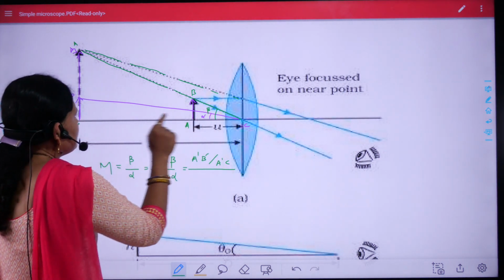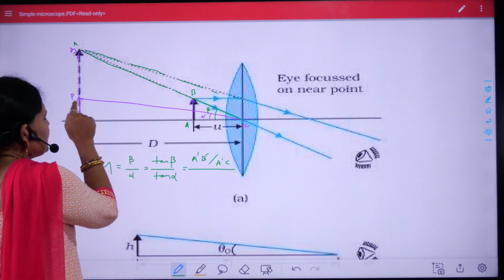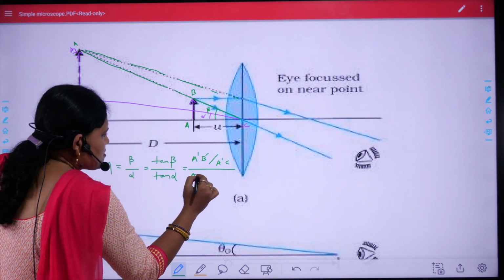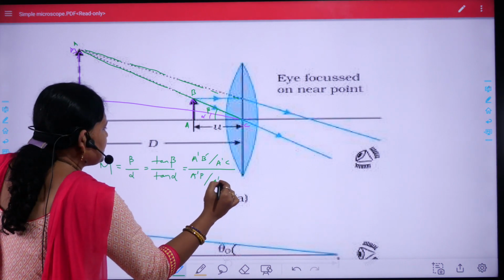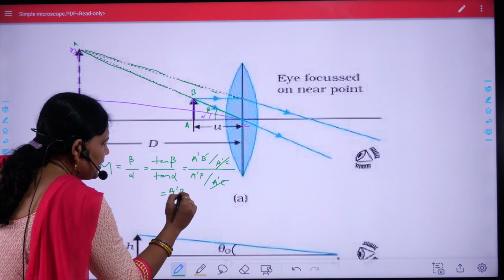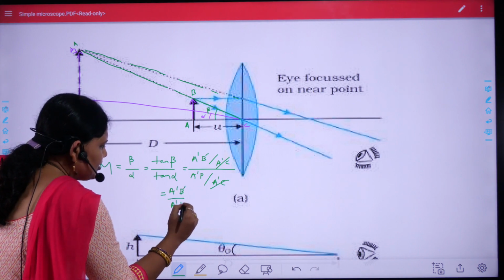This triangle, because the object is kept at the least distance of distinct vision. So this is AP by A dash C. A dash C, A dash C cancel. So A dash B dash by AP.